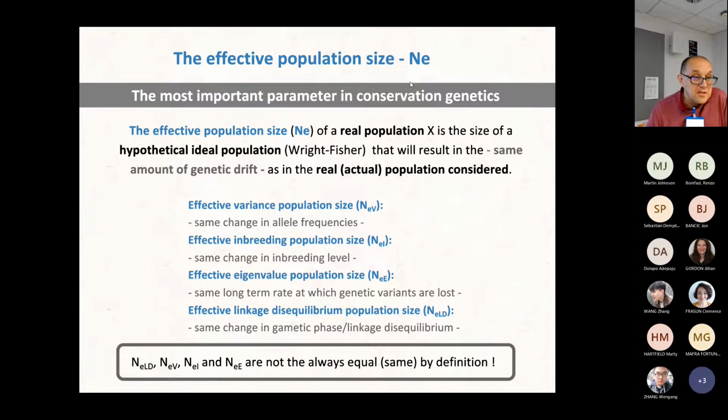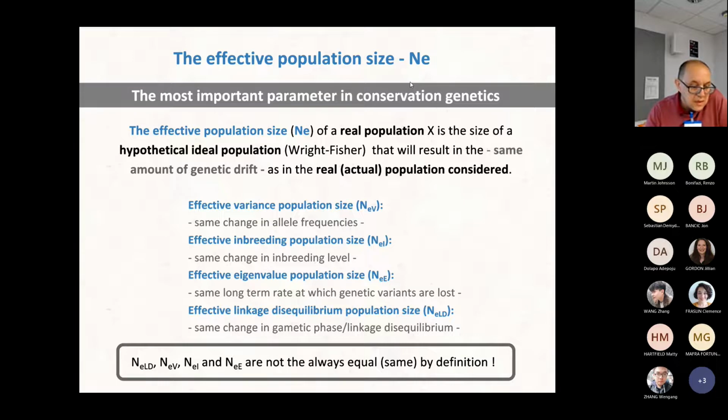So we are just trying to quantify this amount of genetic drift, which can be expressed as a change in allele frequency. Then we talk about the variance effective population size. It can also be the drift of inbreeding, and then we talk about the inbreeding effective population size. It can also be the rate at which genetic variants are lost, and then we are speaking about the eigenvalue effective population size.